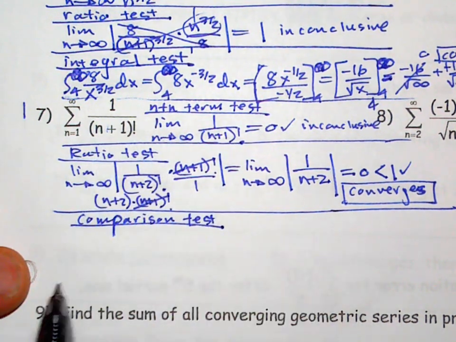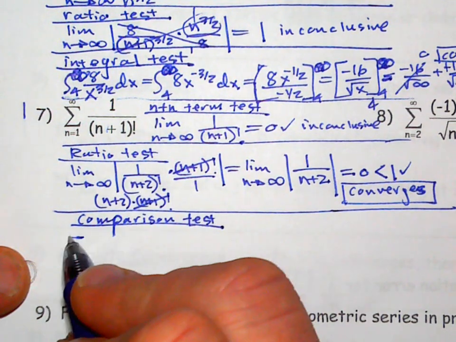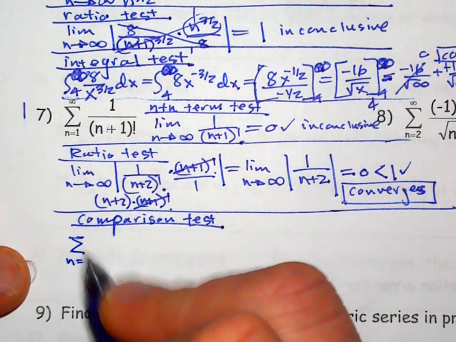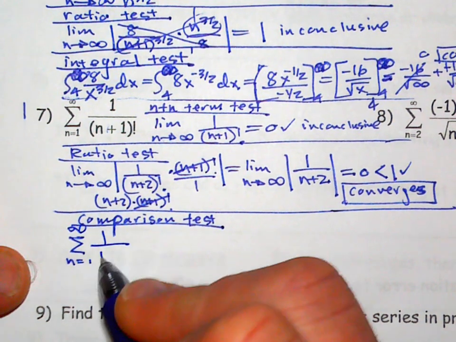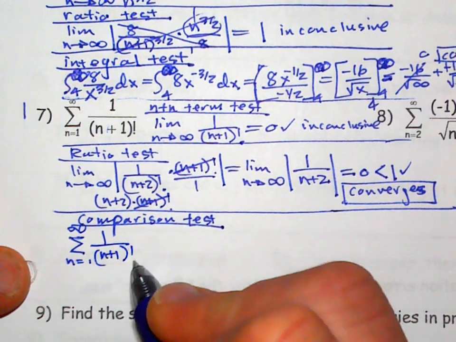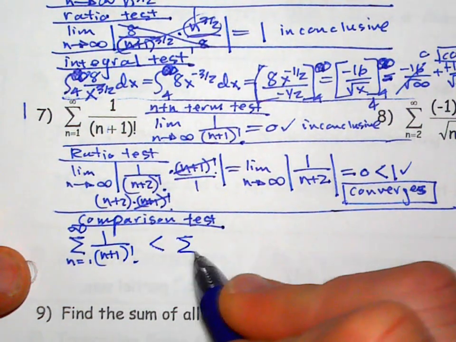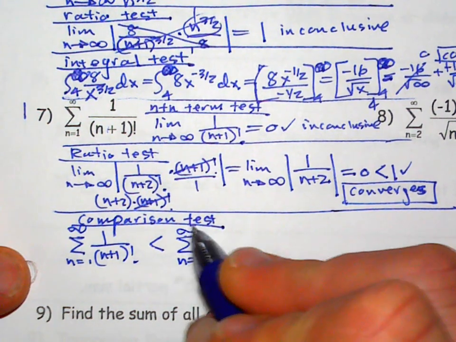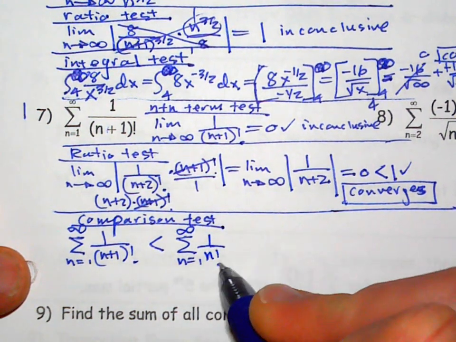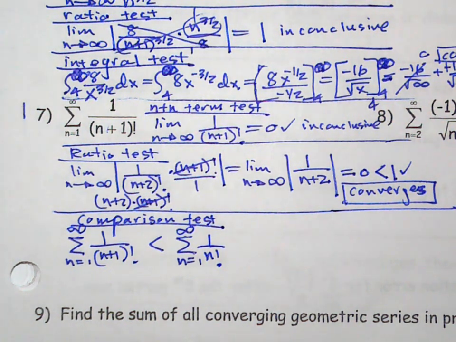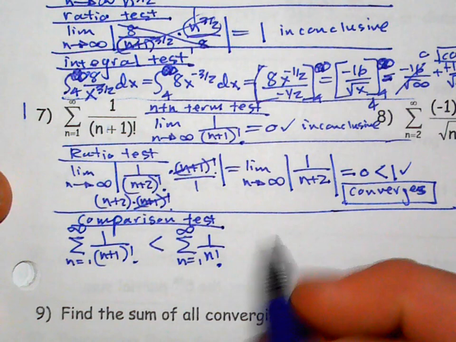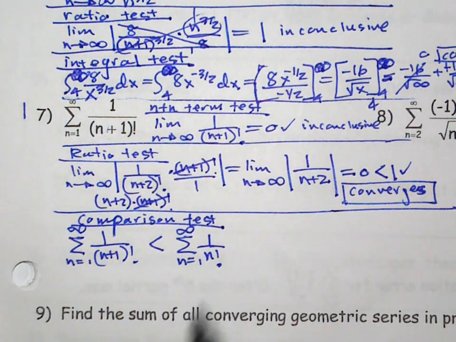This series is term for term smaller than the terms in another series that's almost the same, the sum of 1 over n factorial from n equals 1 to infinity. Now this is where knowing some of these other really common series is going to help you. Now this is actually one of our distinct series.